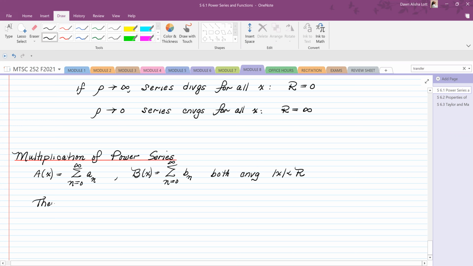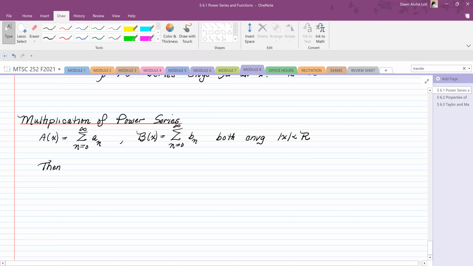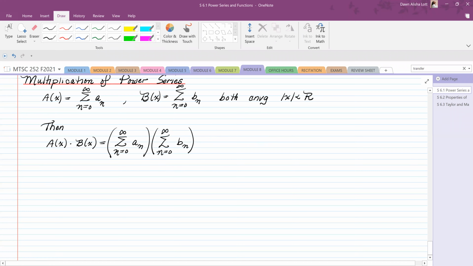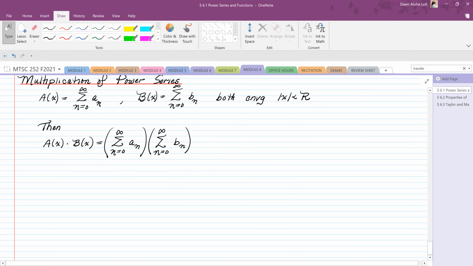Then you can take a of x times b of x, and that's the sum n equals 0 to infinity of an times the sum n equals 0 to infinity of bn. Now that's more work than it's worth, because this is what it looks like.